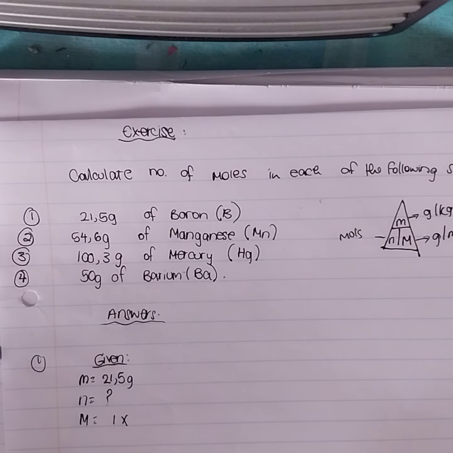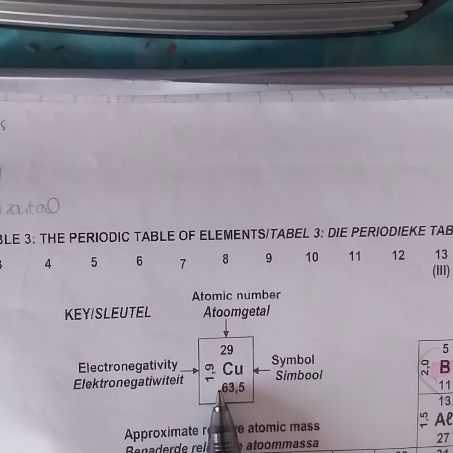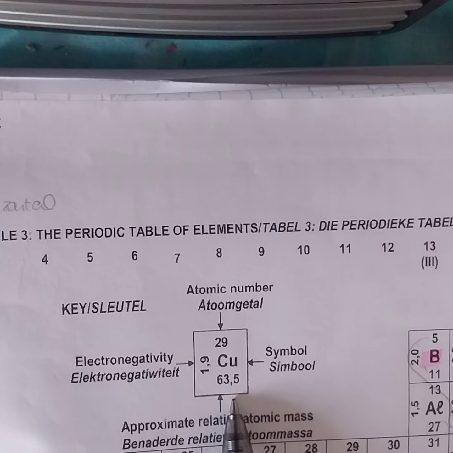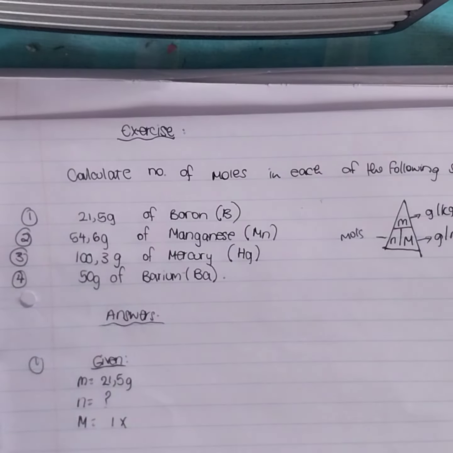Let me go to the periodic table. Your atomic mass is the number at the bottom, right? Let me just show you my periodic table. This is what I'm talking about, your bottom. Okay, your relative atomic mass is the one at the bottom. So for boron, it's 11, all right?